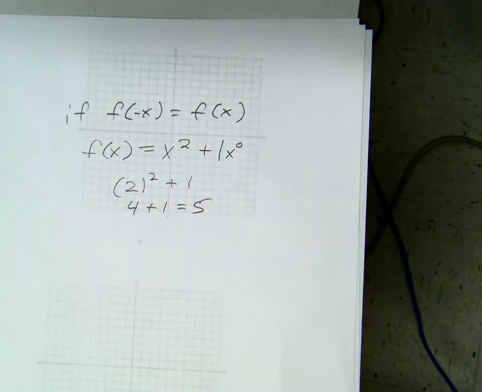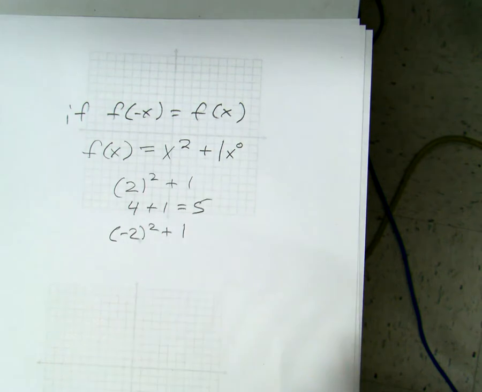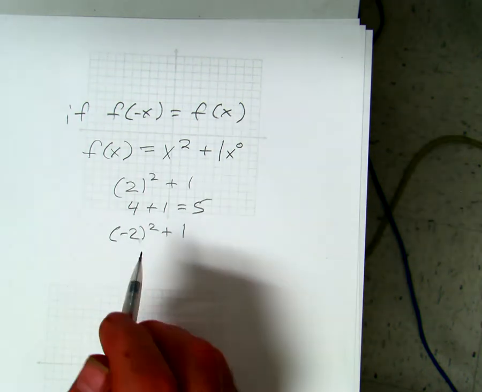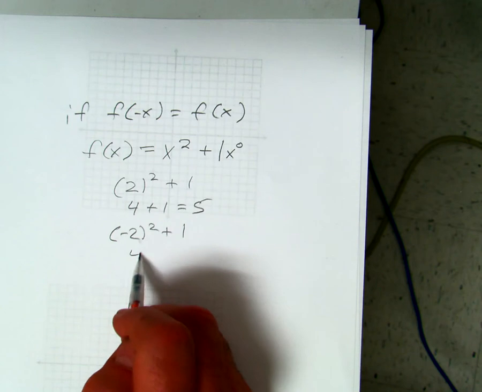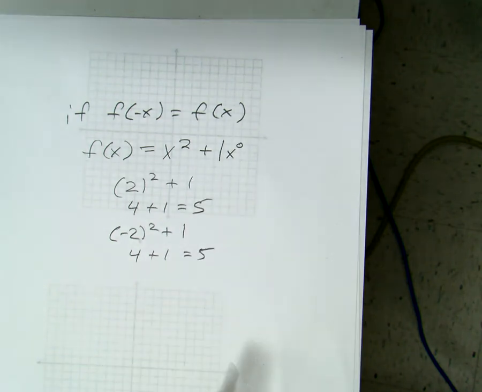So if this is truly an even function, I should be able to put a negative 2 in and get the same answer, 5. Let's do it. Negative 2 squared plus 1. Well, negative 2 squared is 4, and 4 plus 1 equals 5. So that's the test that this is an even function.